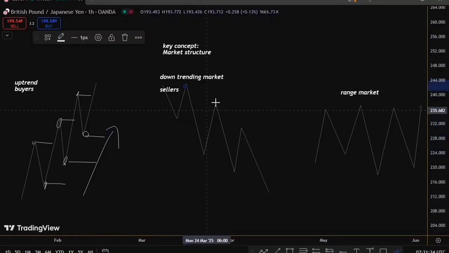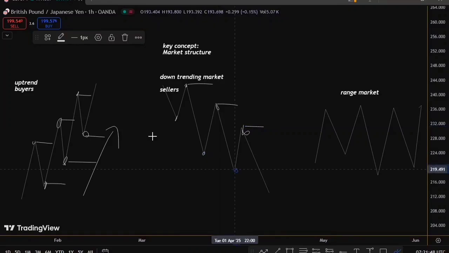And in this case, you see price creating a high, then a lower high, and a lower high again. So we want to see the lower highs being protected. We don't want to see price violating those lower highs in a selling market, and we want to see it also creating lower lows.